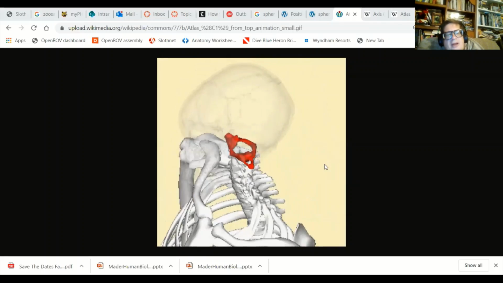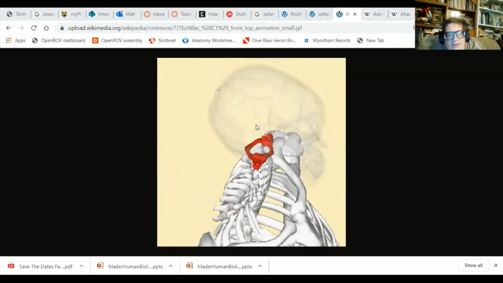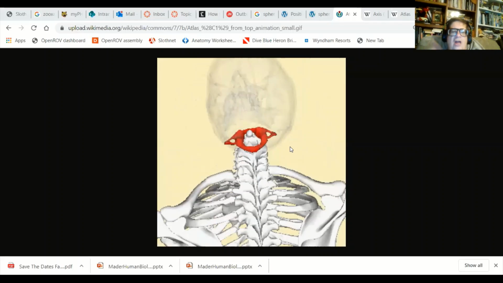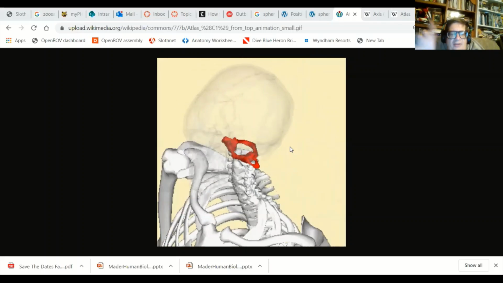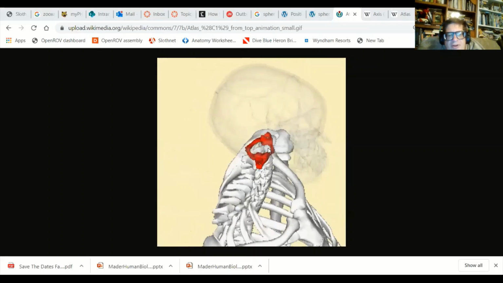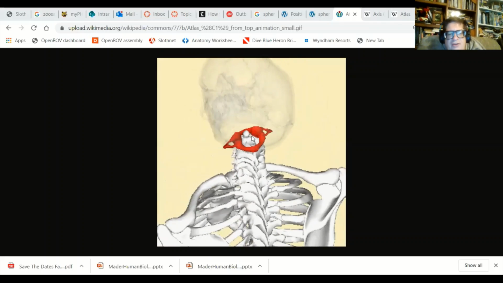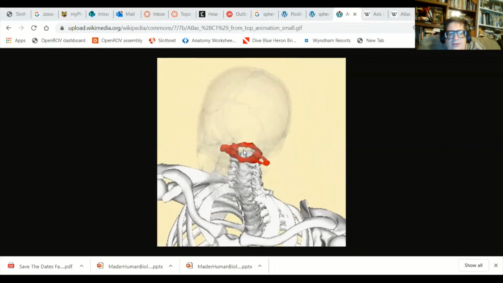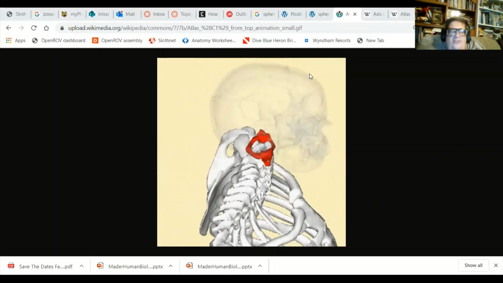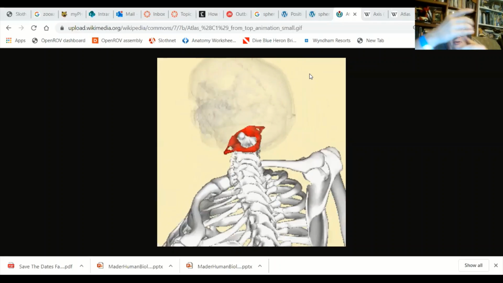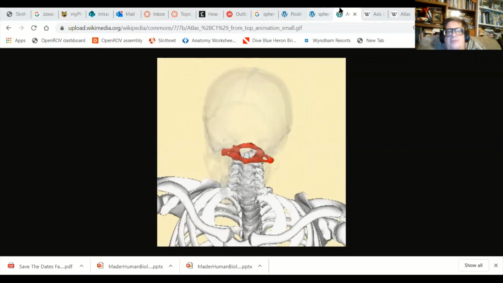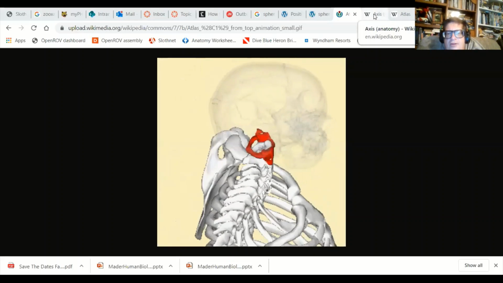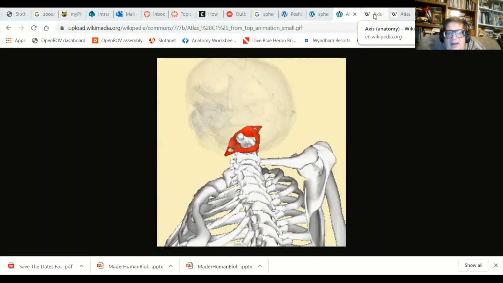Anyway, but this atlas supports the skull, and when the skull moves, the atlas moves with it. What it pivots on is this little thing sticking up here called the dens. The dens is a piece of the axis that things rotate around. So they literally named the vertebra the axis.